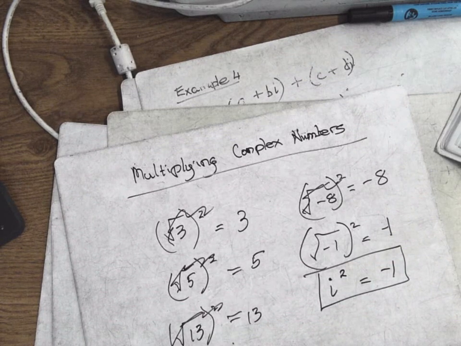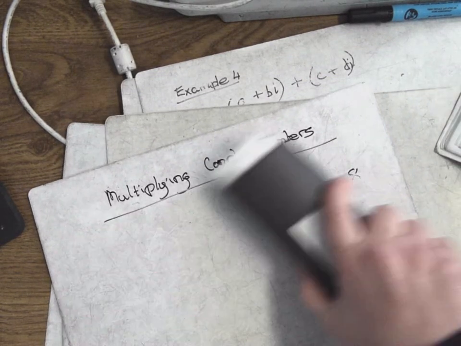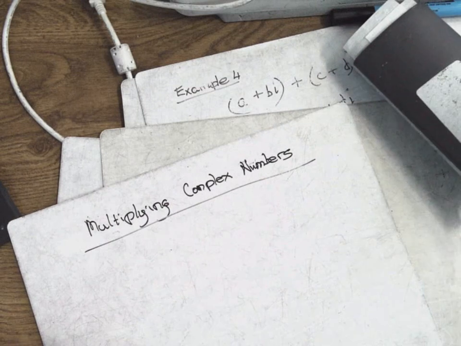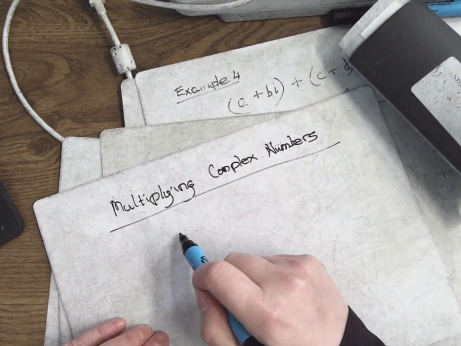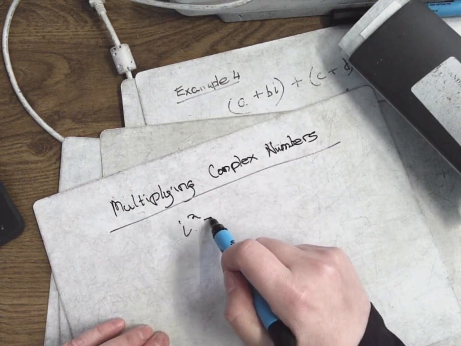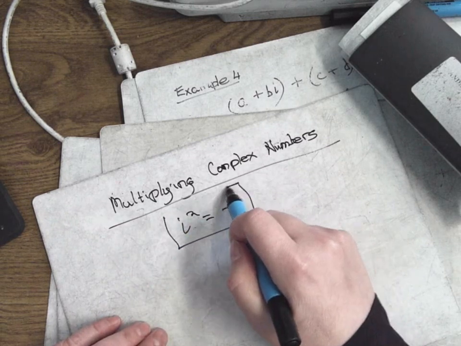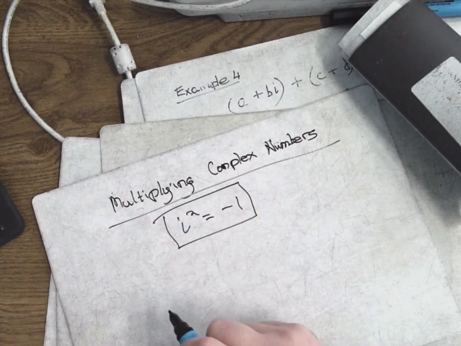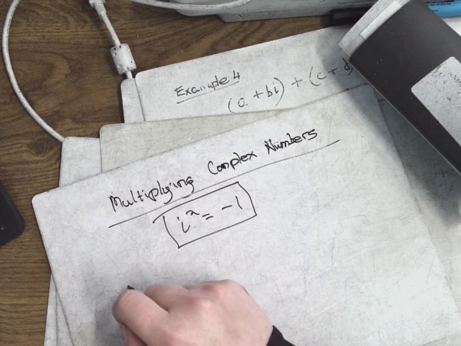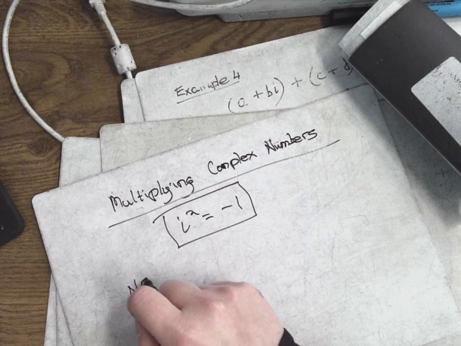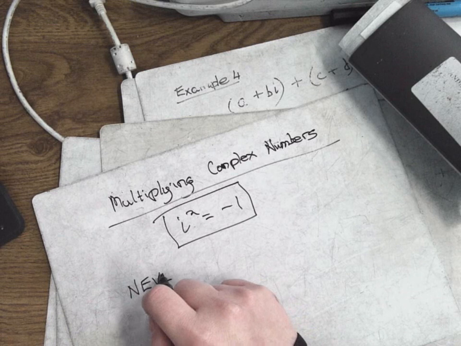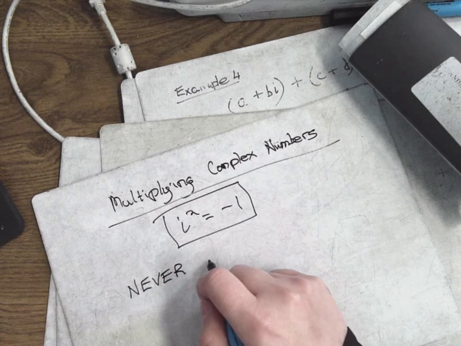Right, all I needed to get out of that, girls, was that i squared is equal to what? Minus 1. Now that's something you'll need to remember, okay? So i squared is minus 1. So you'll never replace i.